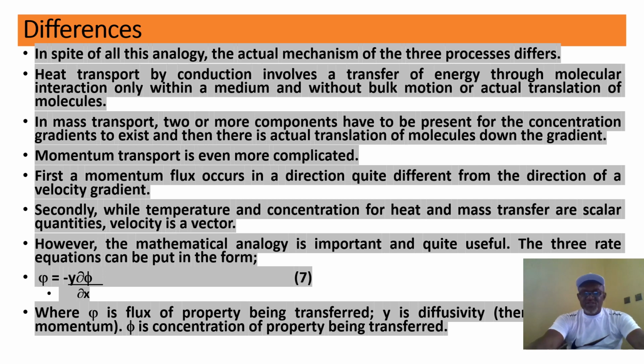Also, while temperature and concentration are scalars, velocity is a vector. However, the mathematical analogy is important and quite useful. The 3 rate equations can be put in the form of equation 7, where phi is the flux of the property, with diffusivity and also concentration.